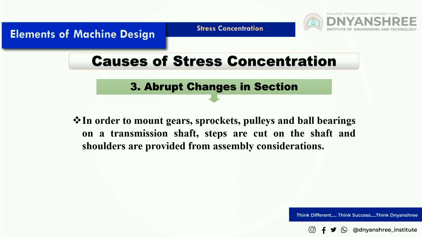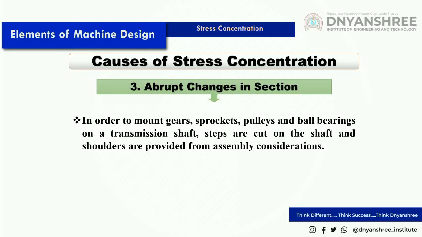So take the example of a shaft. There is no one diameter throughout the shaft. So shoulders are there, steps are there for mounting gears, sprockets, pulleys and ball bearings on the transmission shaft.